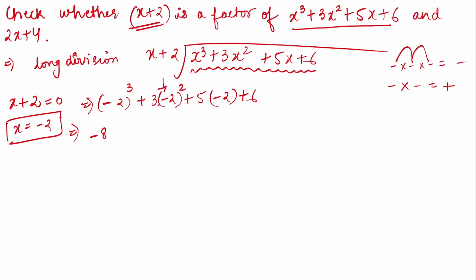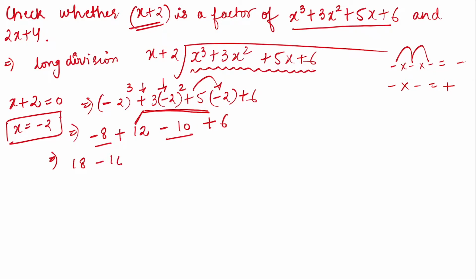So here it will be plus into plus, that will give us plus, and 3 into 4 will give us 12. Here plus into minus will give us minus 10 plus 6. So we get positive 12 and positive 6. It will give us 18, and minus 8 minus 10 will give us minus 18. It will cancel out and will give us 0.